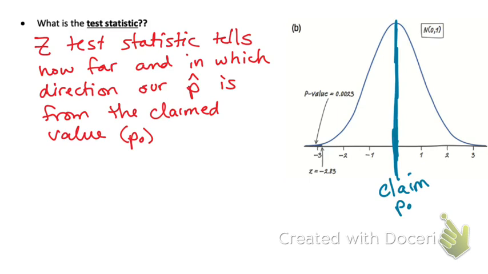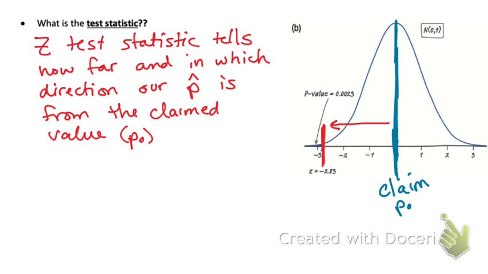Then we take a sample, or we tell them to prove what they're claiming. We get a sample. Wherever that sample is, we find how far that is in standard units.